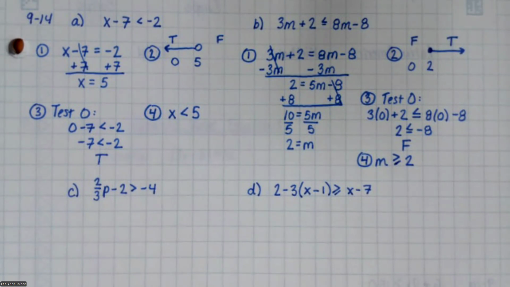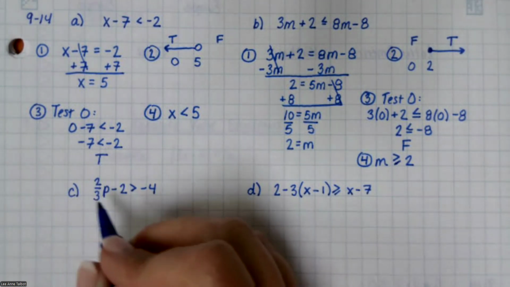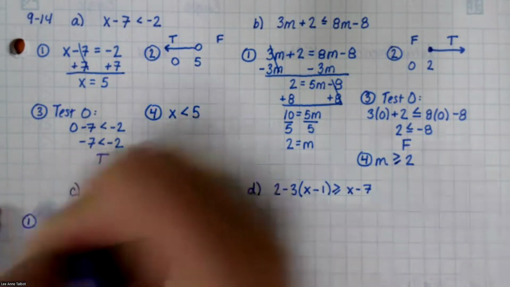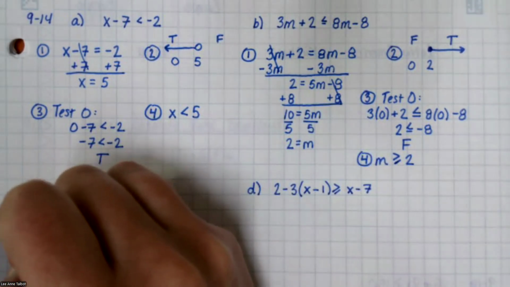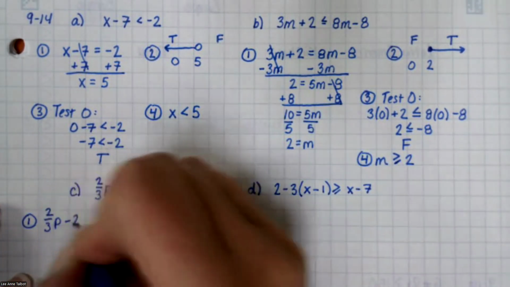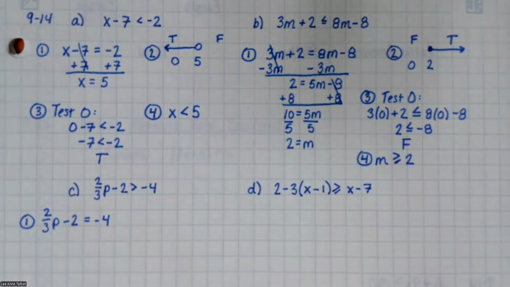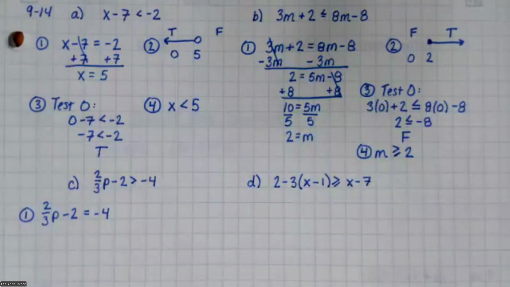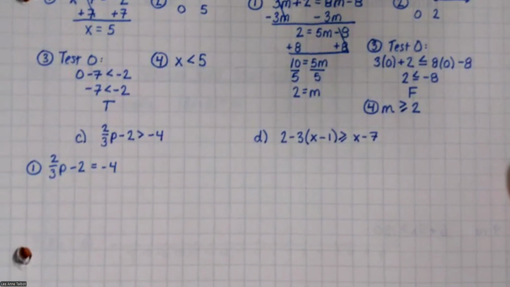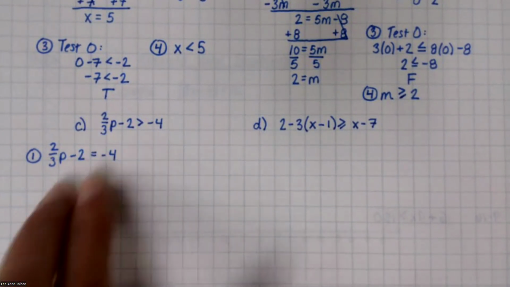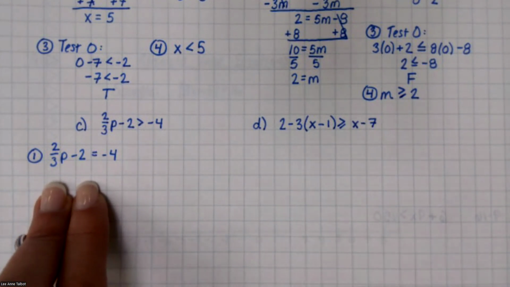Okay, now let's go to C. I'm going to have you do C in your groups, except I want to talk about how to undo a fraction real quick. So let's go to step 1. We have not, maybe you guys have in your homework, but I don't feel like we've done undoing of a fraction in quite some time. So for C, step 1, rewrite it as equals.